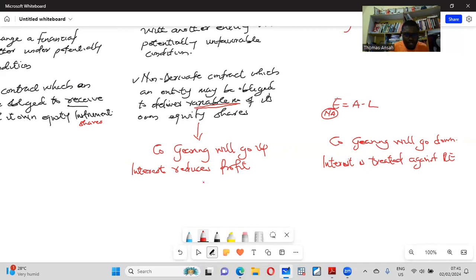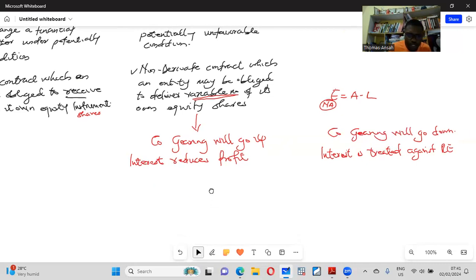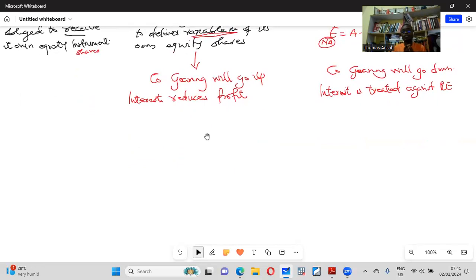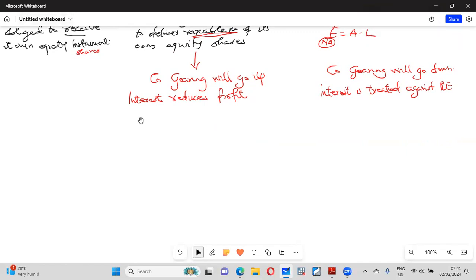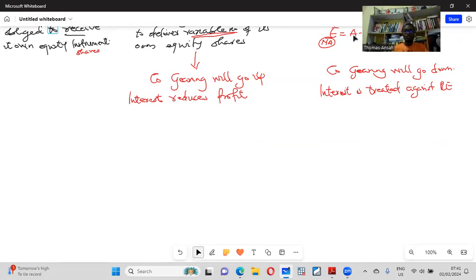All right. So that leads me to talking about the interest and the dividend concept, which I've already outlined here for you to see. We are looking at the interest treatment. Like I've said, the interest treatment follows the classification. If it is classified under liability, interest reduces profit.